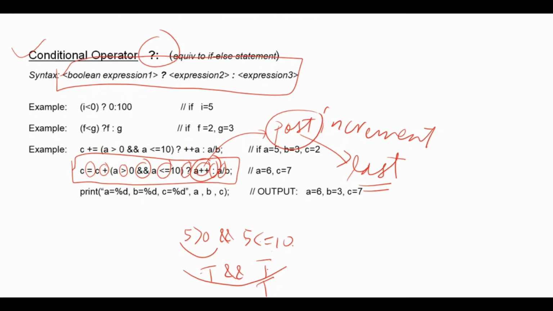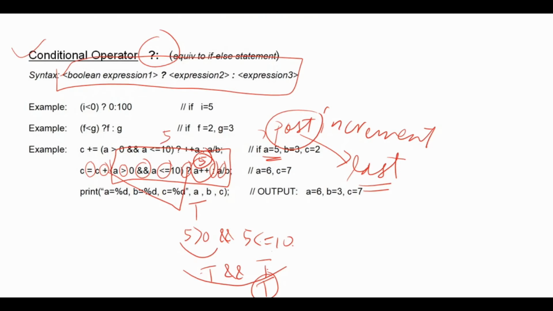So that means all of the other operators are executed before the increment. Since the condition here is true, this result is evaluated, but the increment operator is not executed yet. So the value of this part is the original value of A, which is 5. And that is the value of the whole conditional expression, 5.